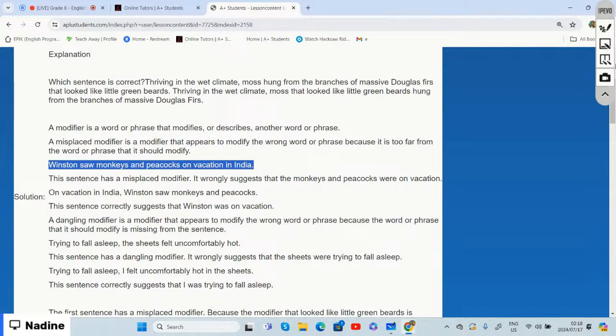And a misplaced modifier, we said, appears to modify the wrong word or phrase because it is too far from the word or the phrase that it should modify. And if we were to fix that sentence, then we can say, on vacation in India, Winston saw monkeys and peacocks.